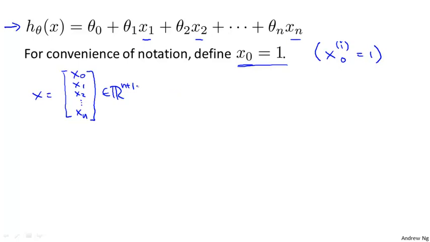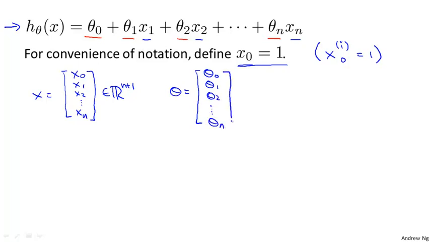And I'm also going to think of my parameters as a vector. So my parameters here, theta 0, theta 1, theta 2, and so on up to theta n, I'm going to gather them up into a parameter vector written theta 0, theta 1, theta 2, and so on, down to theta n.